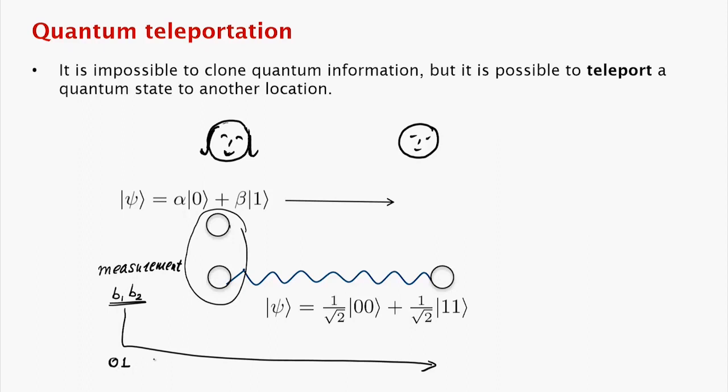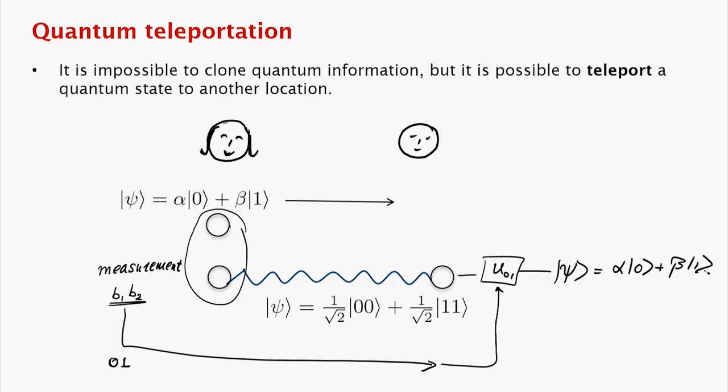Now, based on what Alice told him, Bob performs one of 4 different quantum gates on his qubit. The choice of the gate depends upon what Alice told him. And the output of this gate, lo and behold, is guaranteed to be alpha 0 plus beta 1. So this is the magic of teleportation.